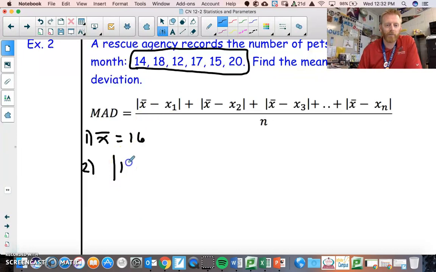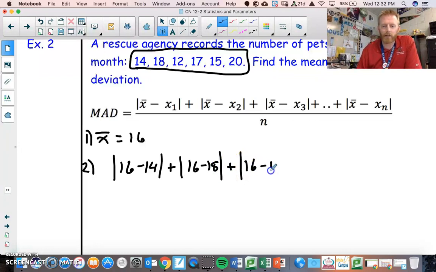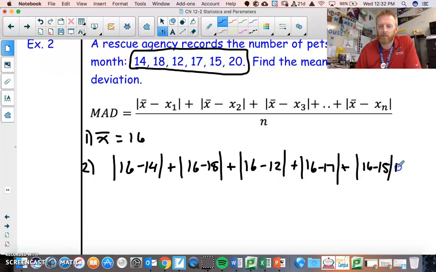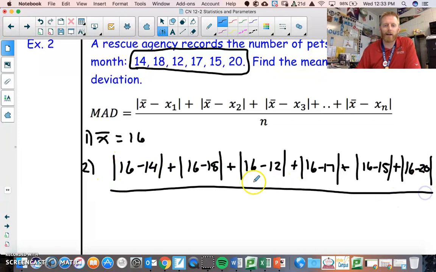Absolute value of 16 minus 14 plus the absolute value of 16 minus 18 plus the absolute value of 16 minus 12 plus the absolute value of 16 minus 17 plus the absolute value of 16 minus 15 plus the absolute value of 16 minus 20. And that whole thing is going to end up being divided by n, which was 6.